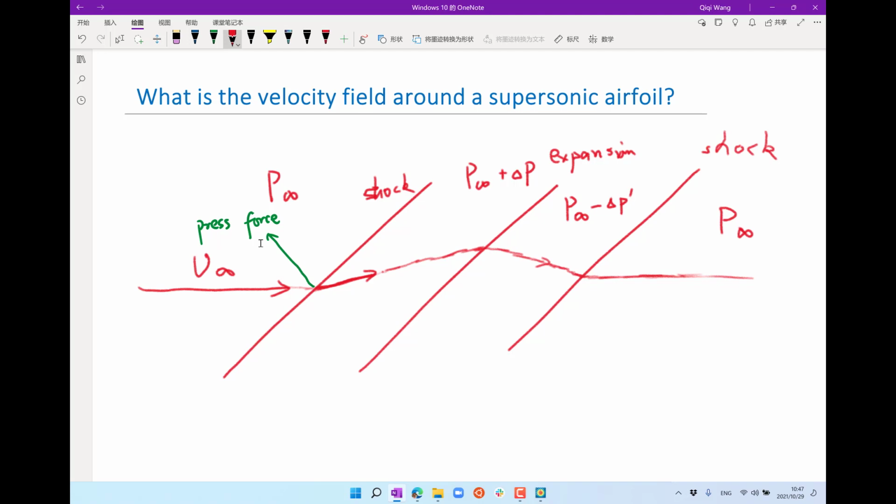So the pressure actually responds to the slope of the airfoil. If the airfoil on the upper side is sloped upwards, the pressure is proportionally increased according to the slope. If the slope is downward, the pressure is proportionally decreased from the free stream.